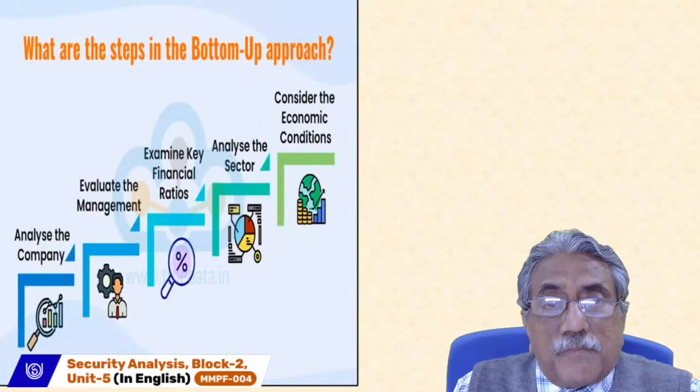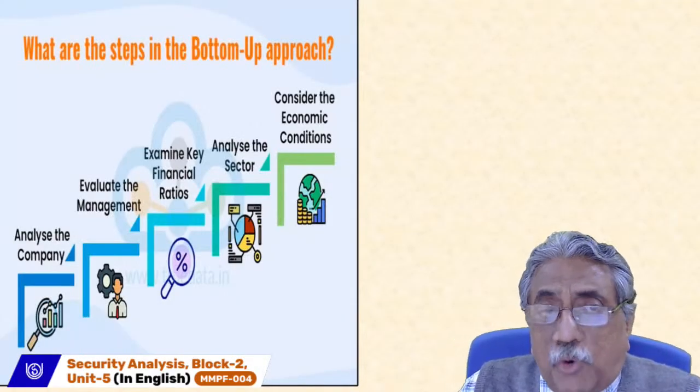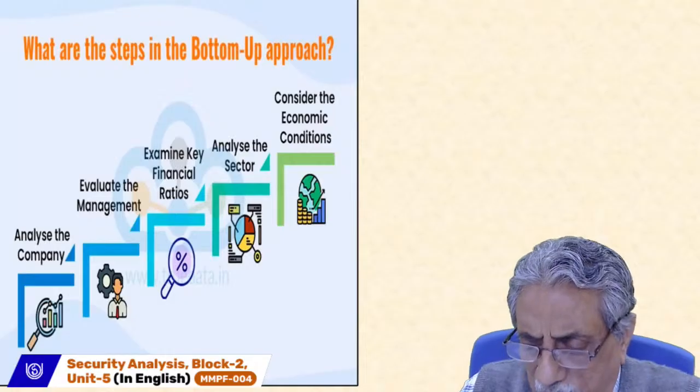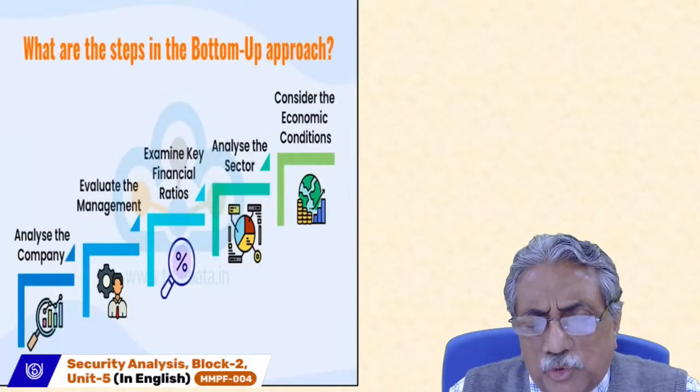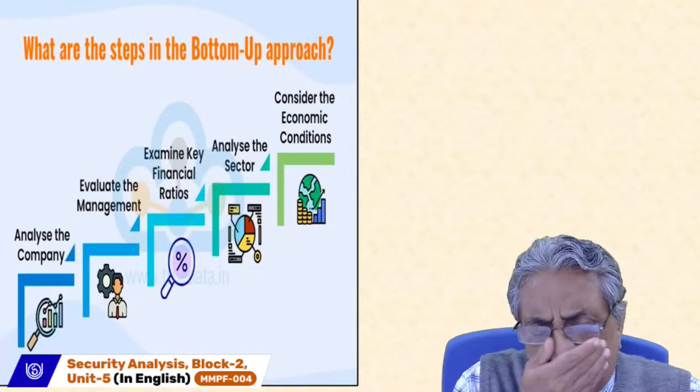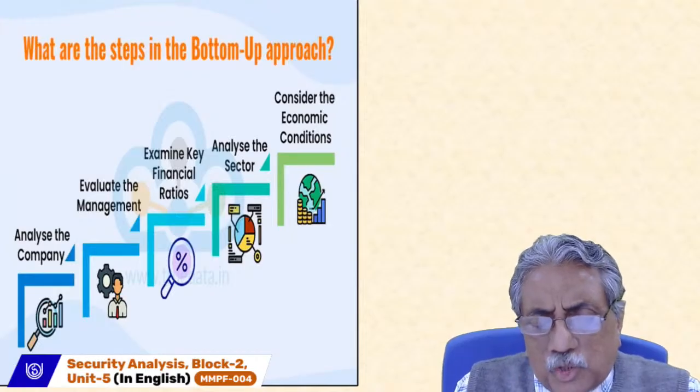Now let us look at the bottom-up approach. I told you about the EIC framework, and I have earlier told you there are two approaches, one is bottom-up and one is top-down. So first let us know bottom-up.